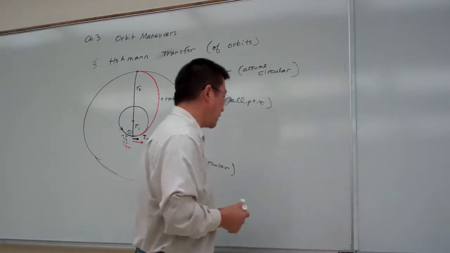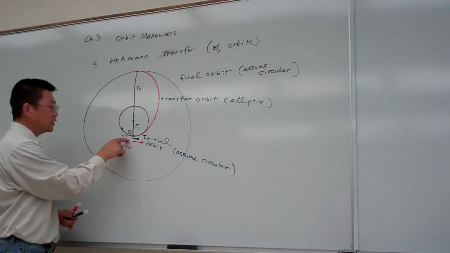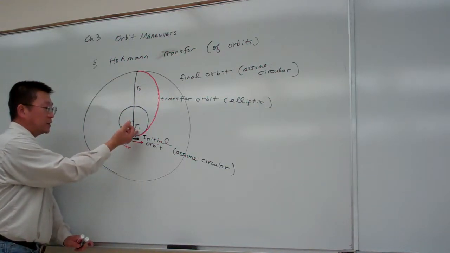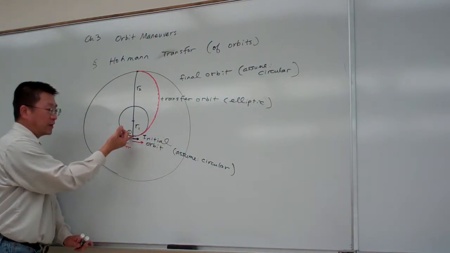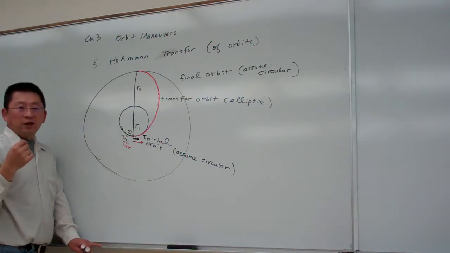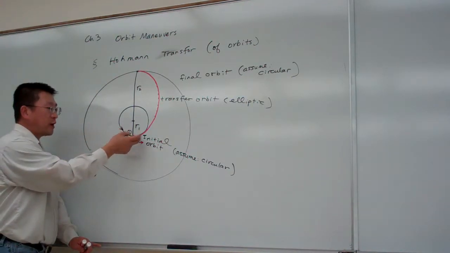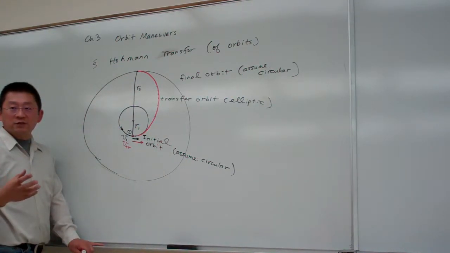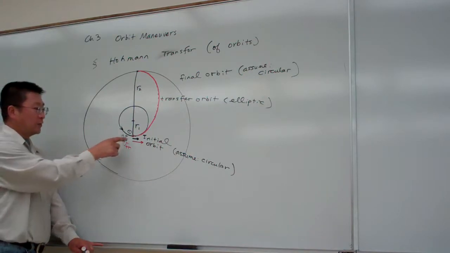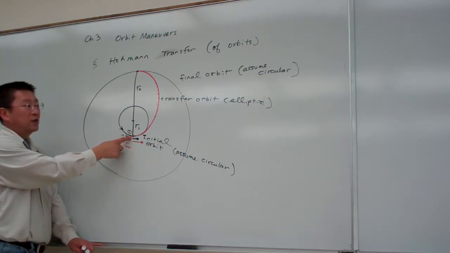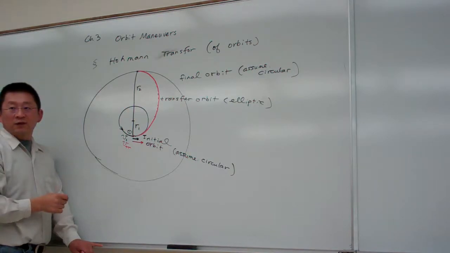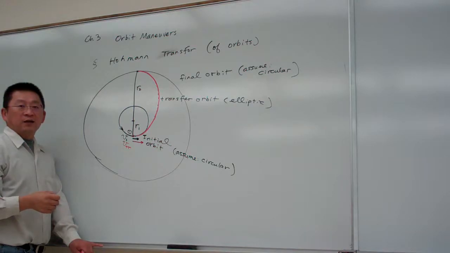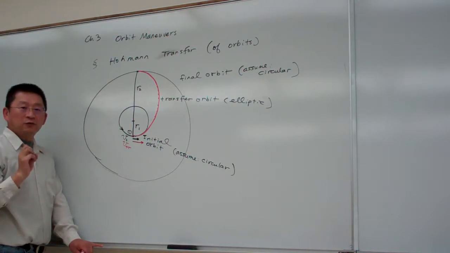Let me stick with my label for now; later I will change my symbol. So those are the velocities on the initial orbit and on the transfer orbit at the same point. You can see that if the satellite wants to move from the initial orbit to the transfer orbit, it must have a certain change in velocity at that particular point. Otherwise, it will remain on the same orbit. So when we want to change the orbit, we need to give a thrust, which means an impulse.